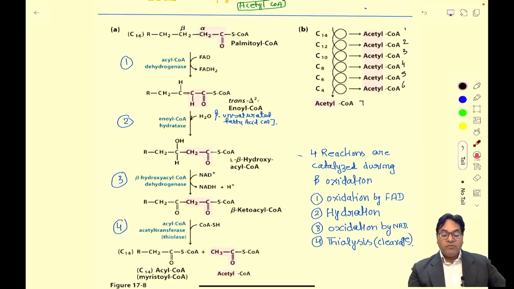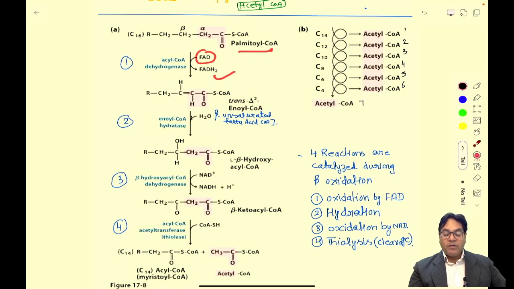This is the beta oxidation cycle here, and these are the structures from where I am starting. If we say for example, a 16 carbon long chain is there, then it is palmitoyl coenzyme A, and with the help of the enzyme acyl coenzyme A dehydrogenase, hydrogen is removed, and FAD receives that hydrogen and changes into FADH2.